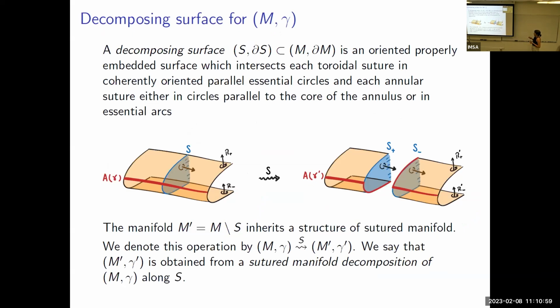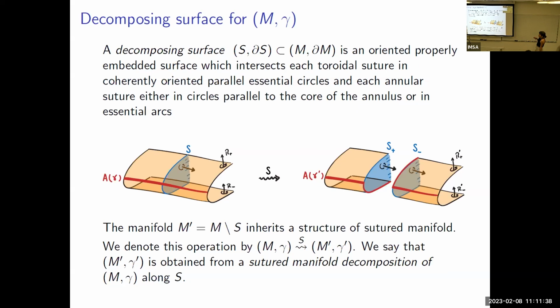So we'll be working also with decomposing surfaces for sutured manifolds, and we'll just recall what it means. It is an oriented, properly embedded surface which intersects the toroidal sutures in horizontally oriented parallel essential curves. On each annular suture, the boundary of the decomposing surface intersects the annular sutures either in circles parallel to the core of the annulus or in essential arcs.